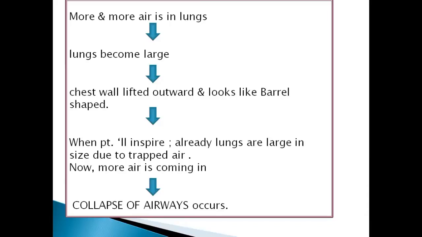Chest wall will get lifted outwardly, and it looks like a barrel shaped chest, which we used to study. So when the patient inspires, already lungs are large in size due to trapped air, and now more air is coming in, so it will lead to collapse of the airways. Okay, this is happening in the obstructive lung disease.